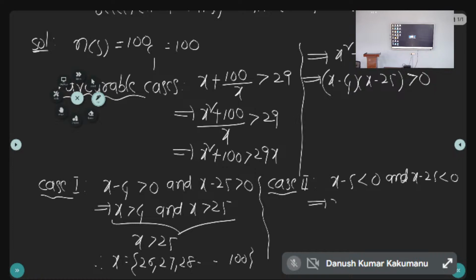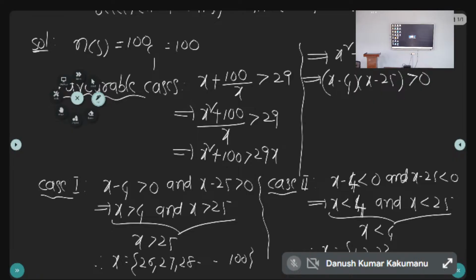That implies x less than 4 and x less than 25. Here also, the same number which is both less than 4 and 25, when is it possible? A number which is less than 4 is always less than 25. So the common region is x less than 4. Therefore x values are nothing but 1, 2, 3.